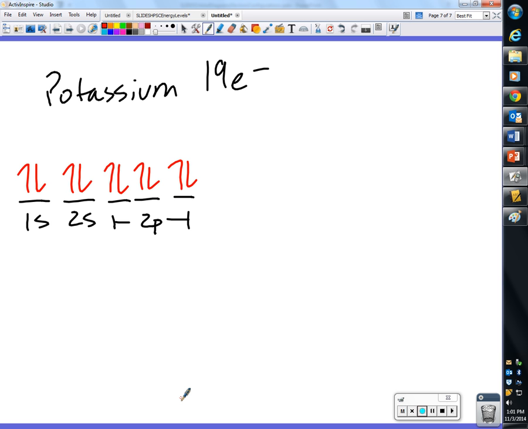All right. What's the next one up? 3s. How many electrons can 3s hold? Only 2. 11, 12. Next one, 3p. How many 3p orbitals are there?